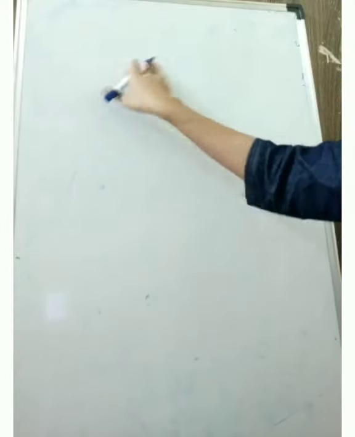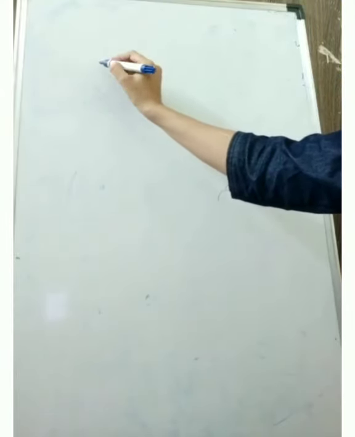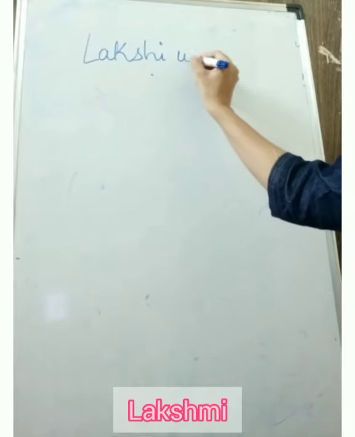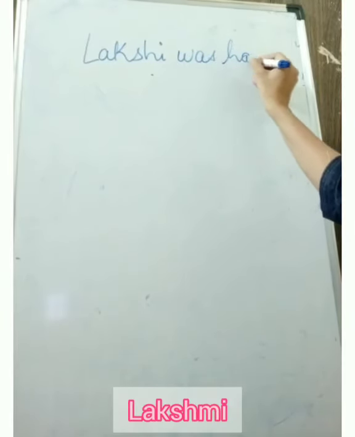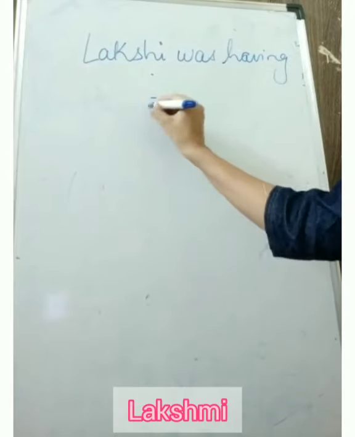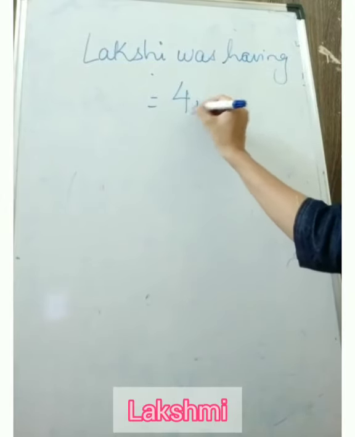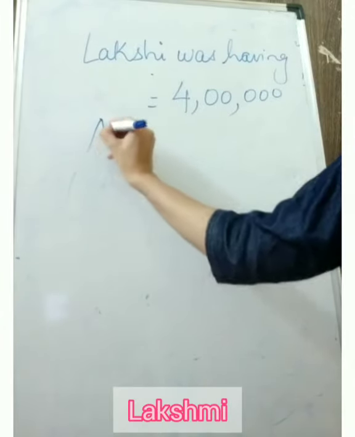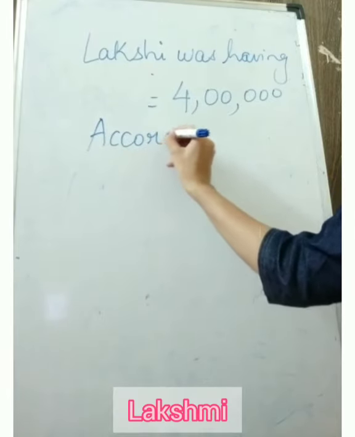Lakshmi is a cashier. How much money was the cashier having? She was having 4 lakh rupees. Now we will move according to the question.